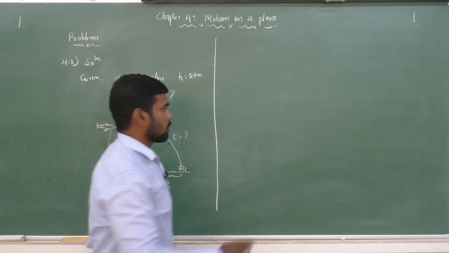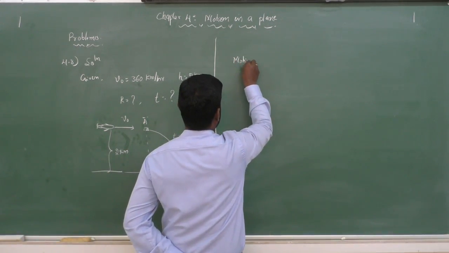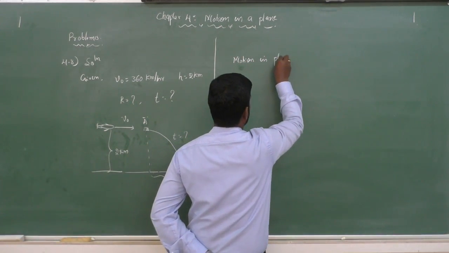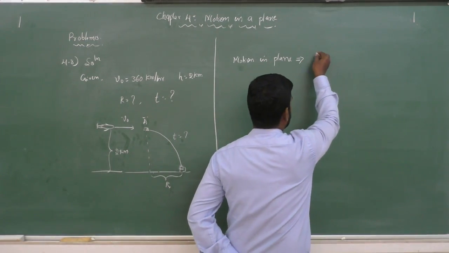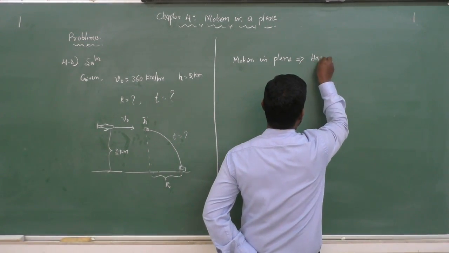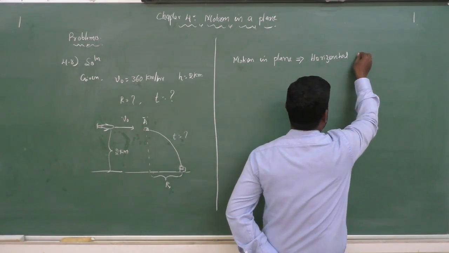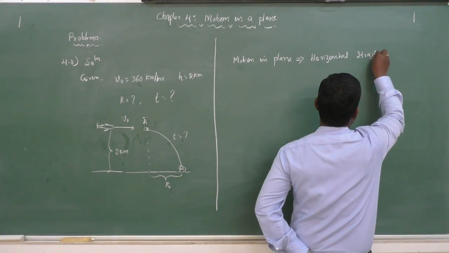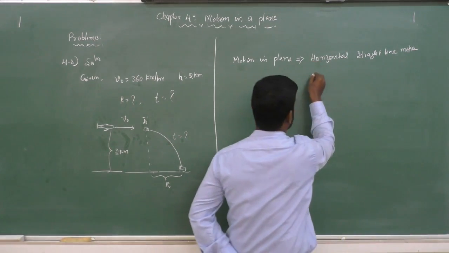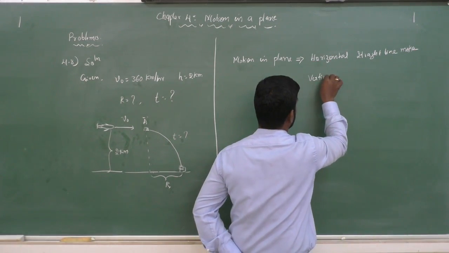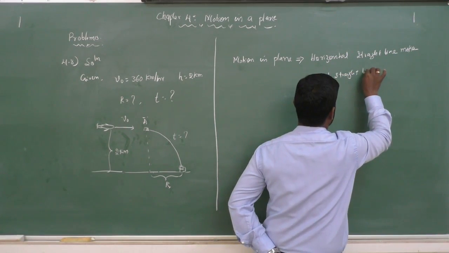Whenever an object moves in a plane, motion in a plane can be assumed to be the sum of horizontal straight line motion and vertical straight line motion.